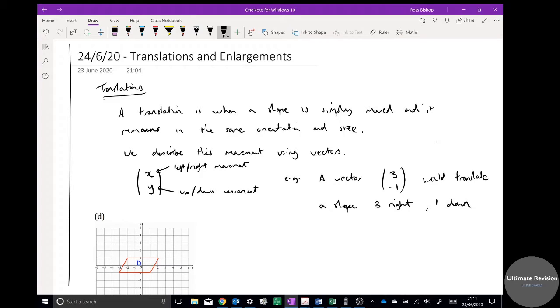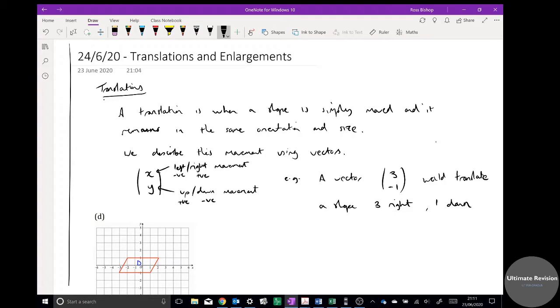So right is a positive number, left is a negative number, up is a positive number on the bottom, and down is a negative number on the bottom.